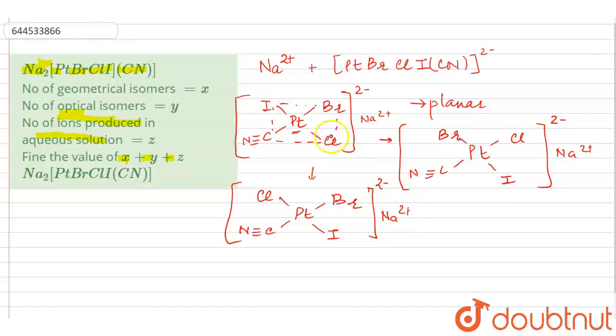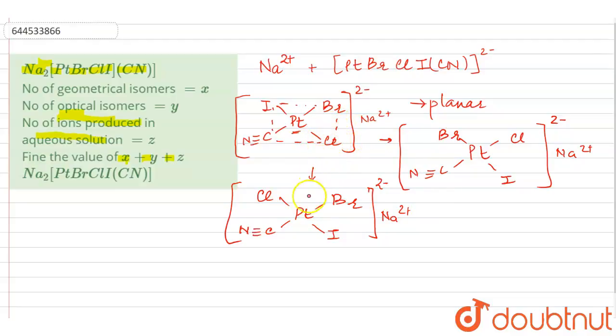You cannot place the chlorine anywhere else; the structure will automatically convert into one of the same ones. The respective positions of chlorine with respect to platinum, cyanide, bromide, and iodide cannot be placed anywhere except these 3 structures.